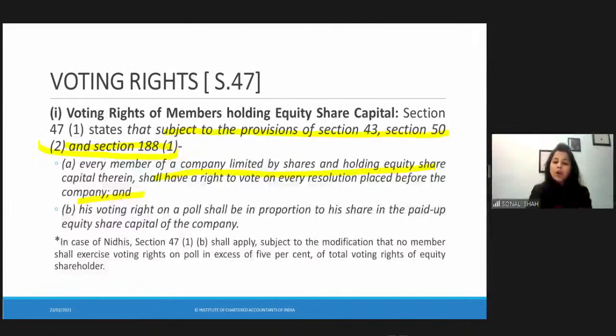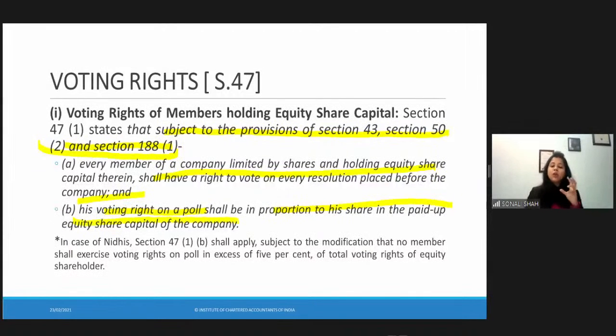So, people holding the equity shares of a company have a right to vote on every resolution that is placed before the company. And whenever the voting is done on poll, his voting right on a poll will be in proportion to his shares in the paid up equity share capital.